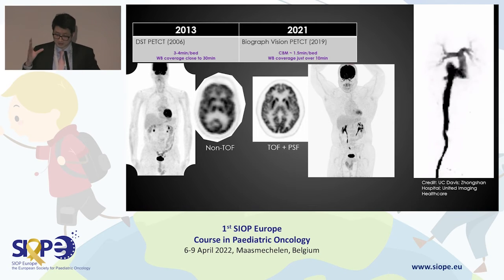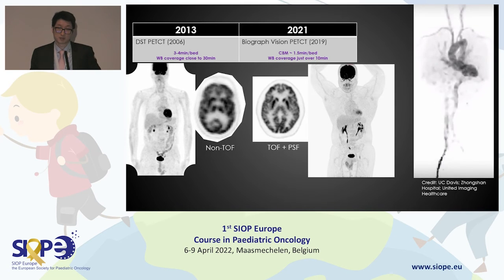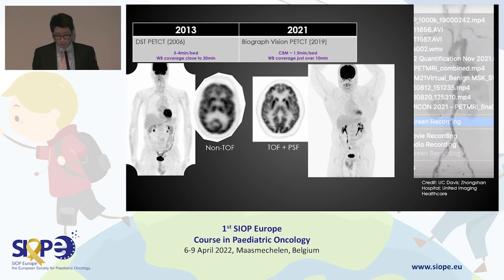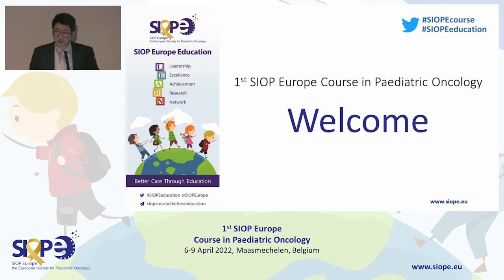You can even see the heart beating. The scanner is said to be about 40 times more sensitive compared to conventional scanners. With this, the claim is that if you inject a standard dose, you can get a total body PET CT within 1 or 2 minutes. And therefore, you can get a total body PET CT without potentially needing GA, or it makes a difference between needing a general anesthesia or not.